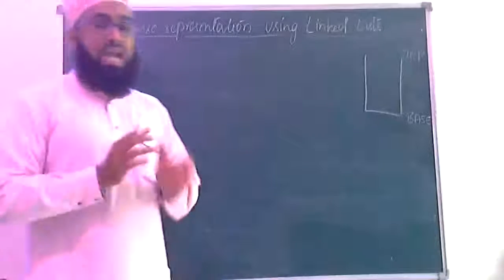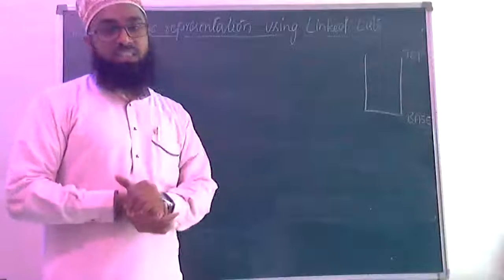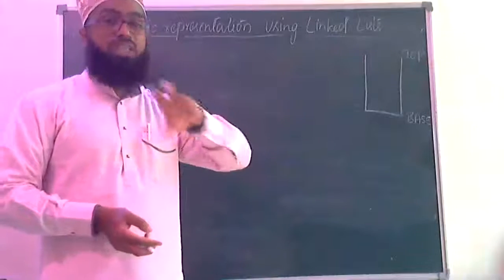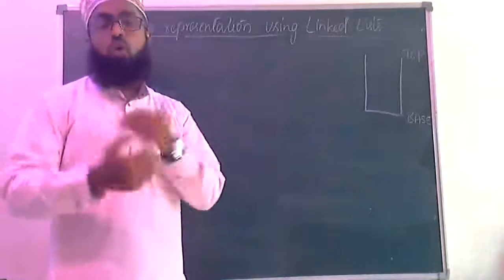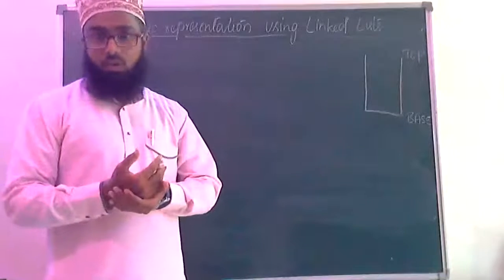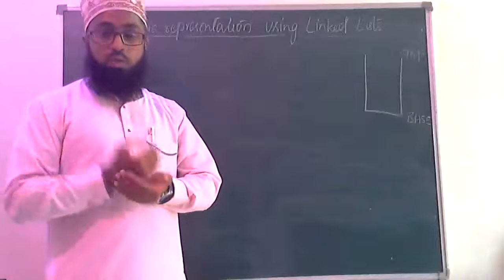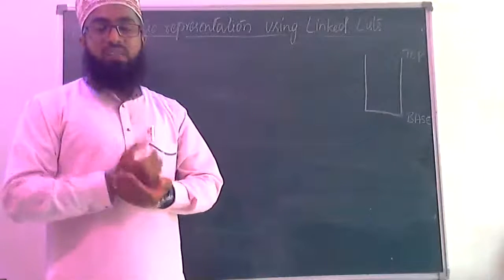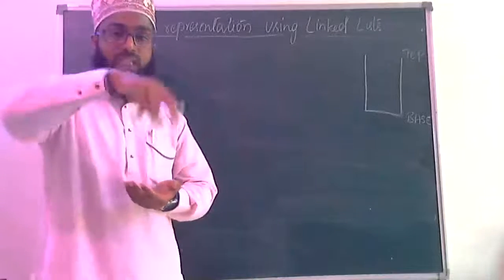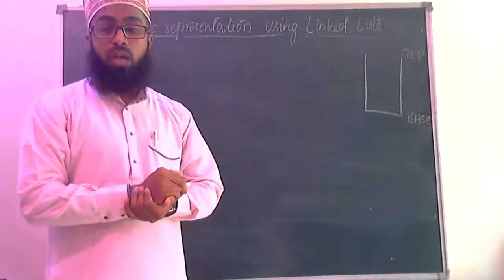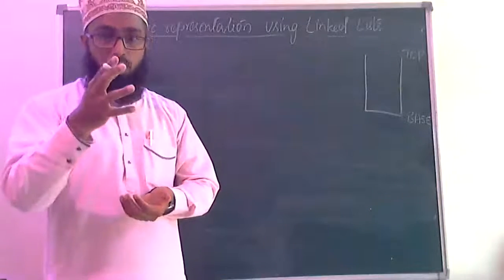In stack representation, there is a condition that memory should be allocated at first itself to accommodate the items, according to the one-dimensional array rule. So at that time, what will happen if we want to insert a new item? It will create a problem.